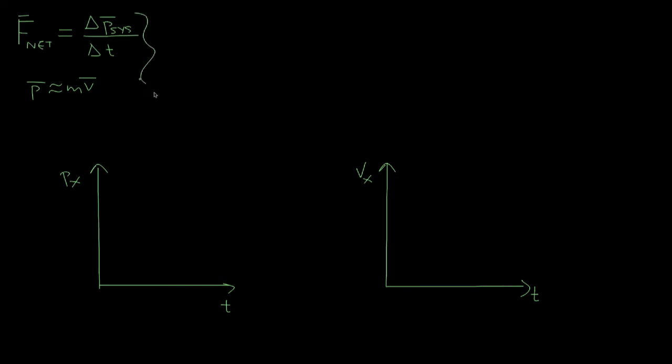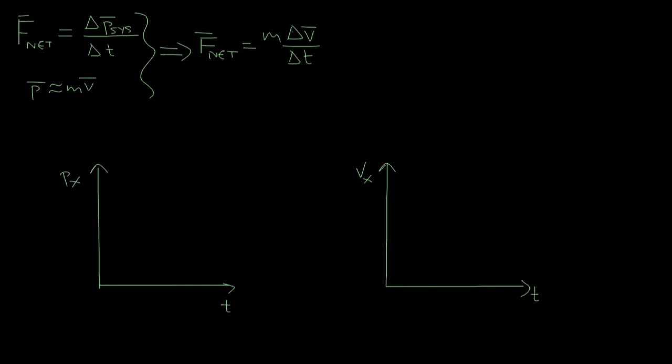Now we can combine the two and prove that the net force is equal to the mass times the rate of change of velocity. So we have delta P, where P equals mv, can become mass times the change in velocity, and this is over the change in time.